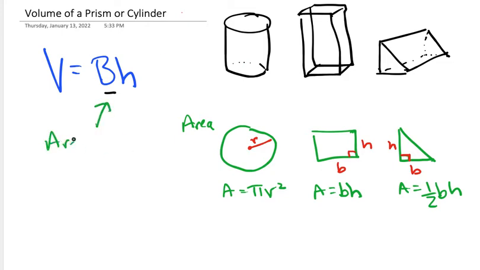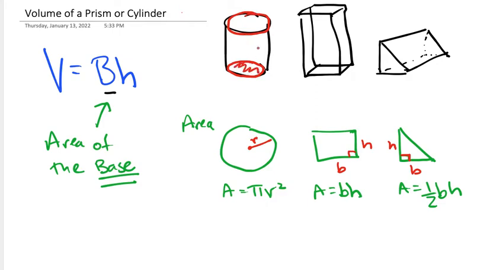So how is the capital B different? It stands for area of the base, not base. So it's a little bit different meaning. You're going to have to find the area. But when I say base, it's important to understand the base is always going to be perpendicular to the height, just like in area. And for prisms, there will be two of them. So you notice down here we have a circle, that's the base. We could also use the one on top, either one.